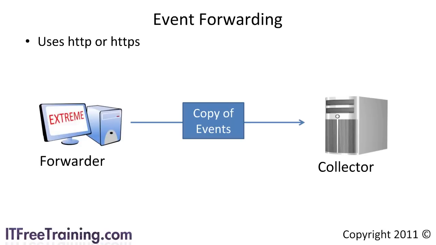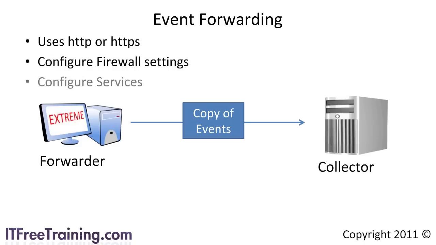In order to configure event forwarding, you need to ensure your firewall allows HTTP or HTTPS, and also any firewalls between the forwarder and the collector allow the protocol you choose to go through. In a lot of cases, most firewalls will allow these protocols through without having to change your firewall rules.